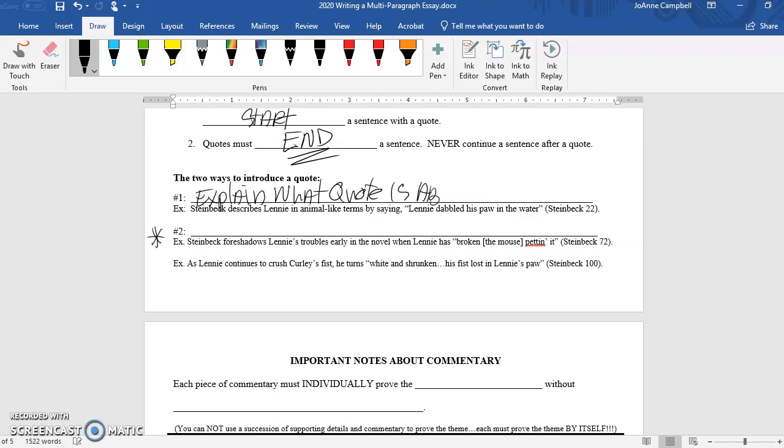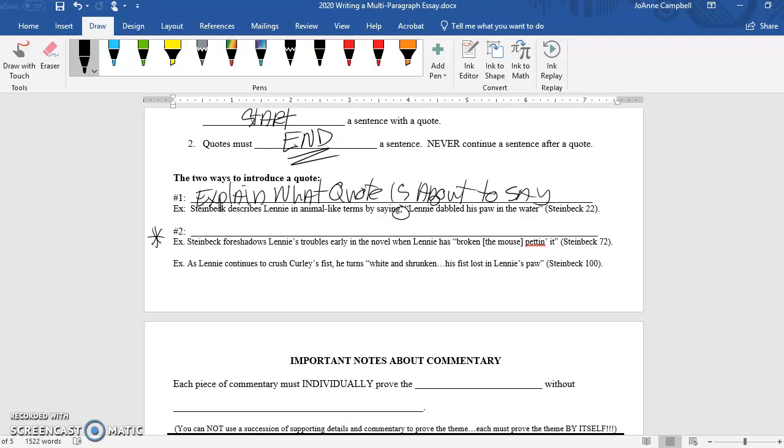Like, Steinbeck describes Lenny in animal-like terms by saying, Lenny dabbled his paw in the water. Okay, and you do have your little dialogue tag, you're separating it from the actual quote with the little comma there. So explaining what the quote is about to say.